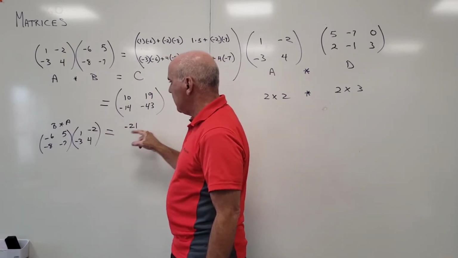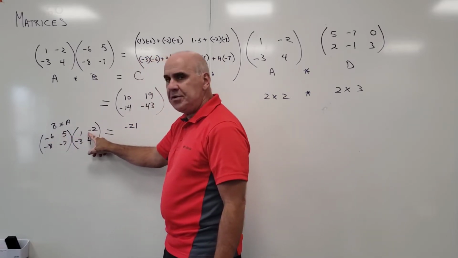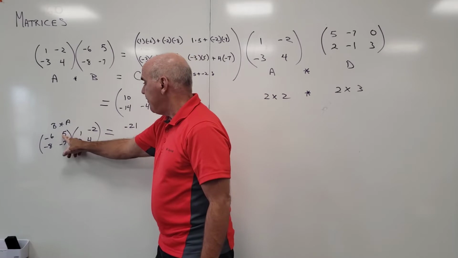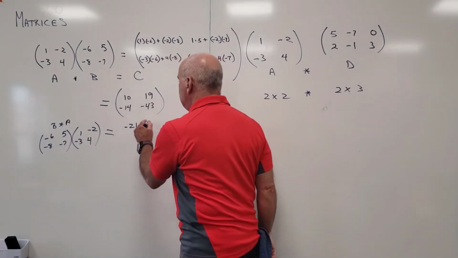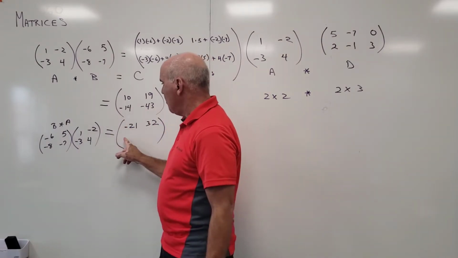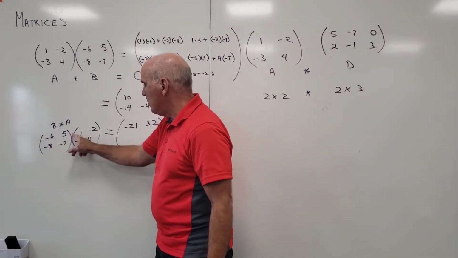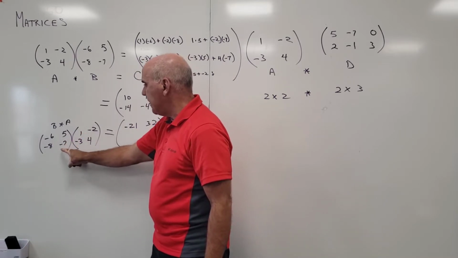First row, second column, so take row 1, column 2. Negative 6 times negative 2, that's positive 12. 5 times 4, that's 20. So 12 plus 20 is 32. Second row, first column. Negative 8 times 1, that's negative 8.